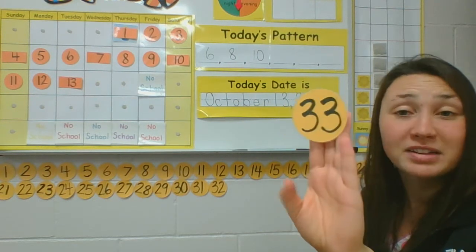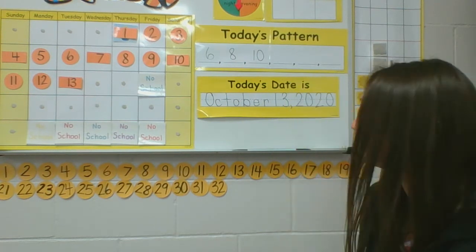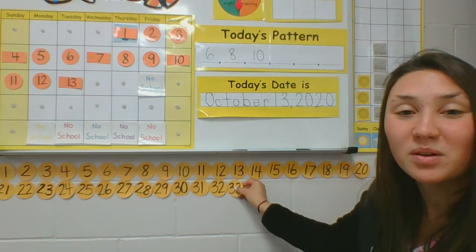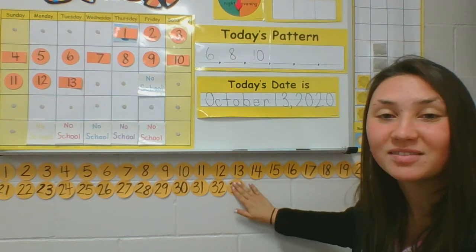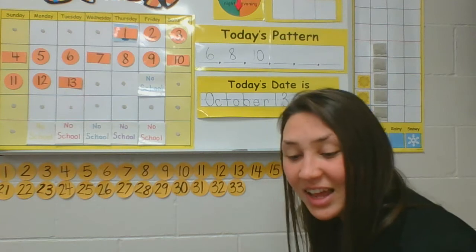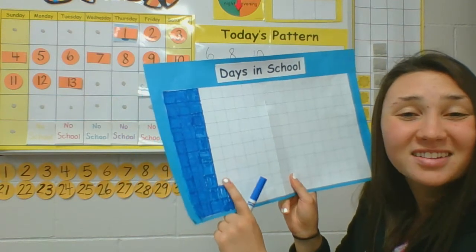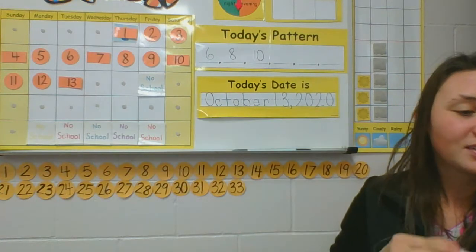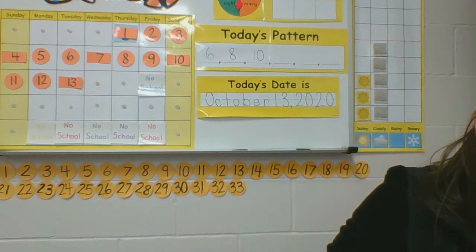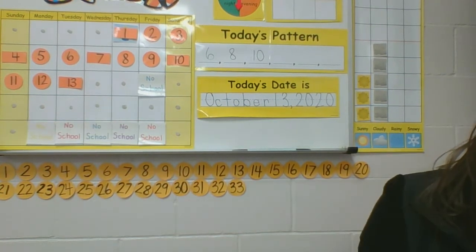So you can mix them up, but it'll still be the same, right? So we will put our 33. And since you are not here, I will fill in the 33rd square for us to show 33 days of online school.